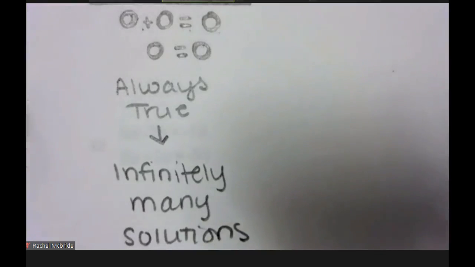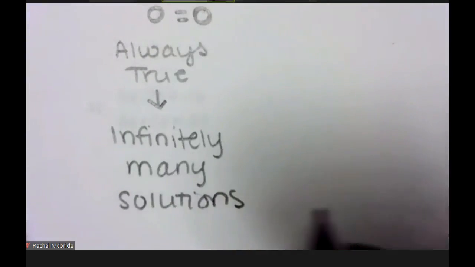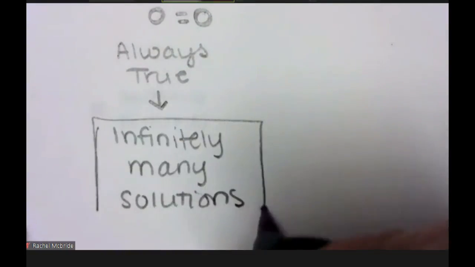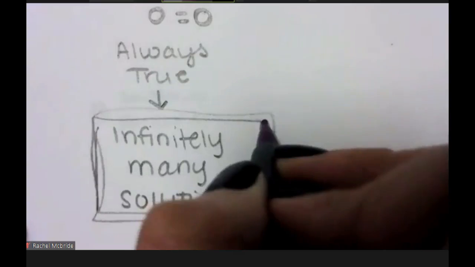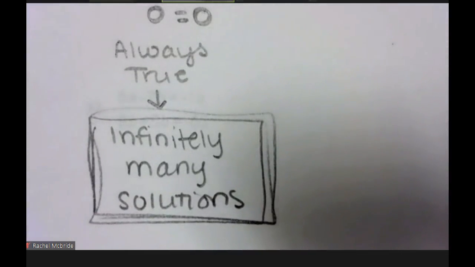So we're going to say that this has infinitely many solutions. What that means is since 0 will always equal 0, any combination of x and y I pick for the first equation will work for the second equation. So if you get 0 equals 0, it's infinitely many solutions.